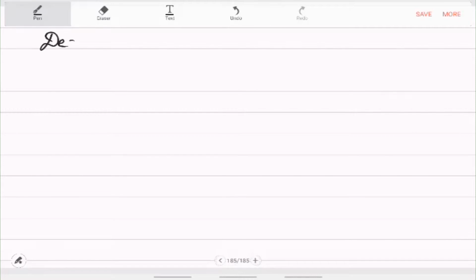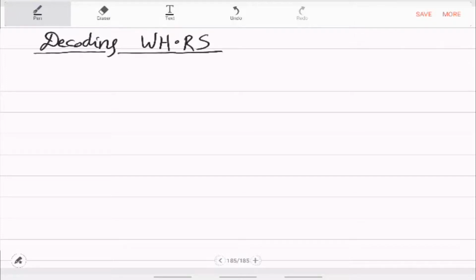So, let us now immediately apply this to decoding the concatenated code, Walsh-Hadamard on Reed-Solomon.